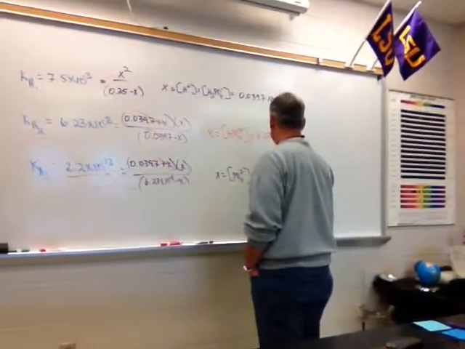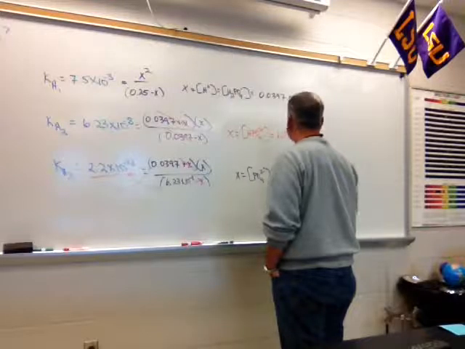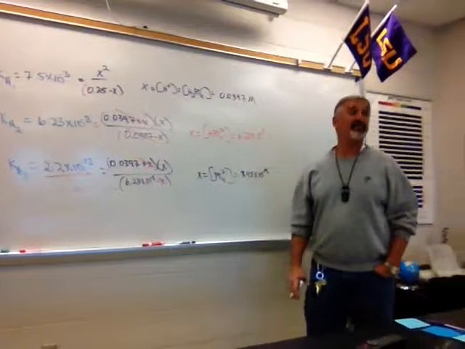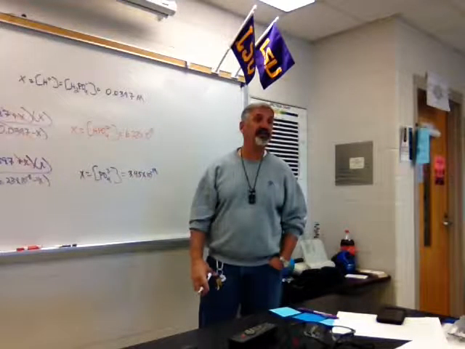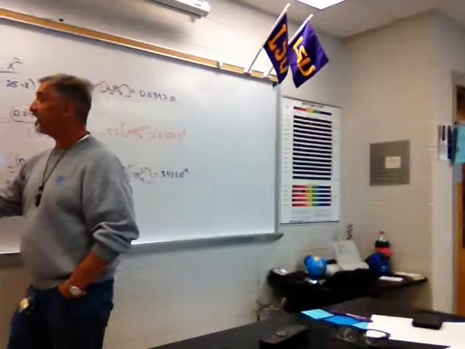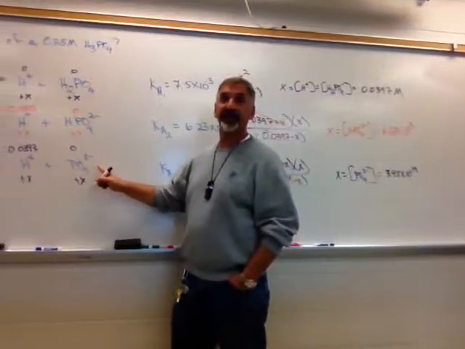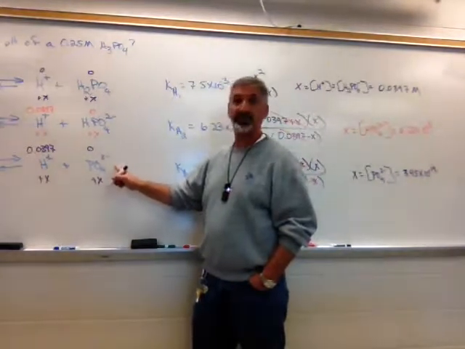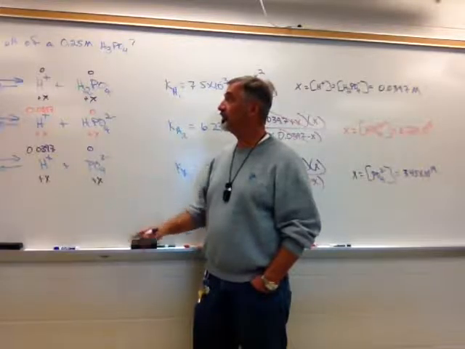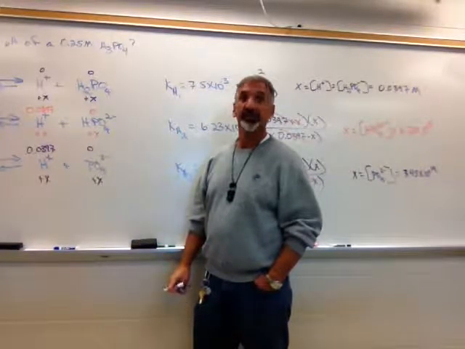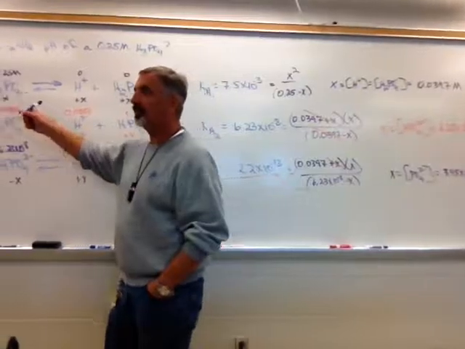Yes, 10 to the minus 19. That's a very small number. So in H3PO4, if you put some phosphoric acid into water, very, very little of it is actually going to ionize here. Which one is still going to be the majority? The H3PO4. That's the whole point of a weak acid.